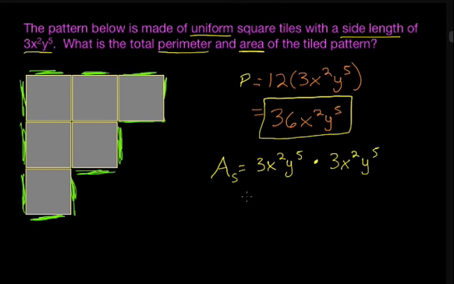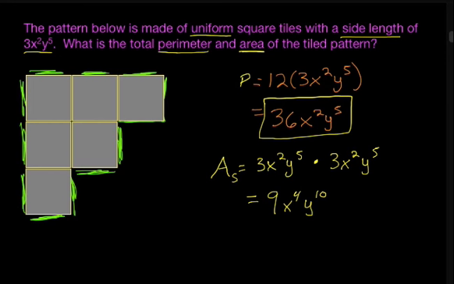And so the area of one of these squares is going to be 3 times 3 is 9, x to the 2 times x to the 2 is x to the 2 plus 2, or x to the 4th, and then y to the 5th times y to the 5th is y to the 5 plus 5, which is 10.